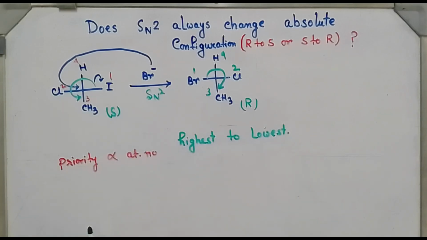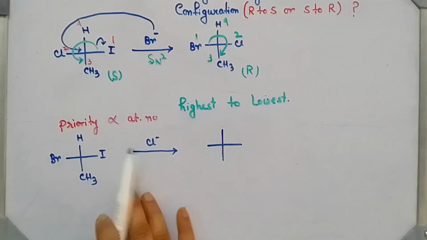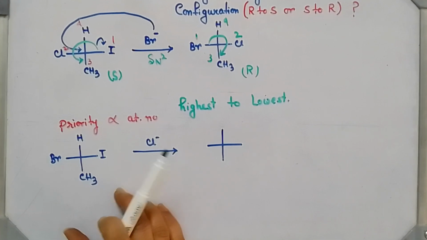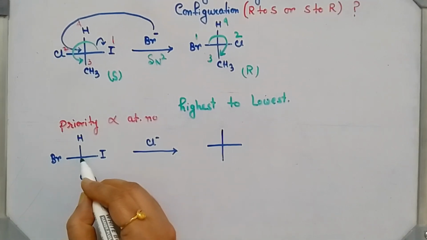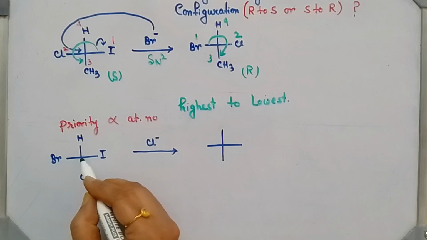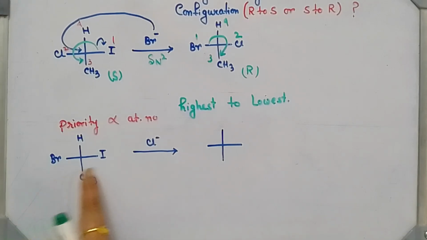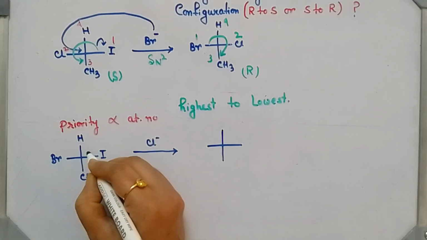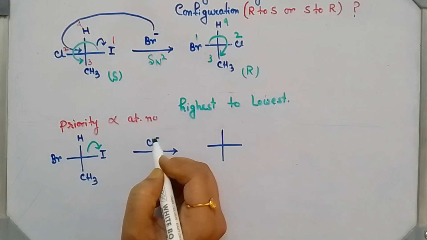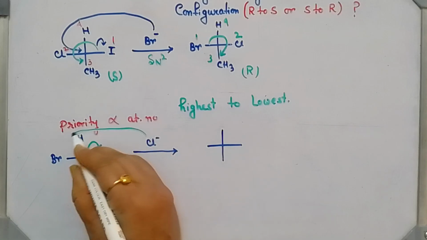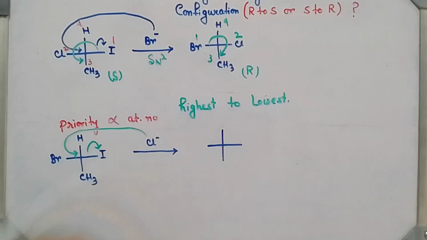Another example we have to see. This is also one optically active halide because here one chiral carbon atom is there. See this carbon atom. Surrounding this carbon atom, 4 different groups are there. So between Br and I, which one is a good leaving group? This iodide is a good leaving group. So it will go and the nucleophile attacks from the opposite side with respect to I. So what is there in the product?